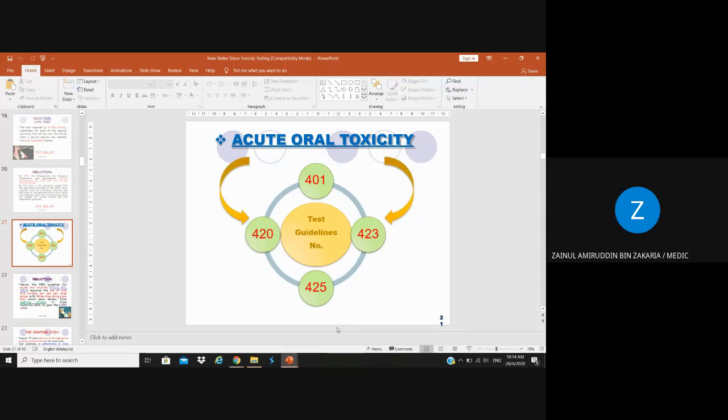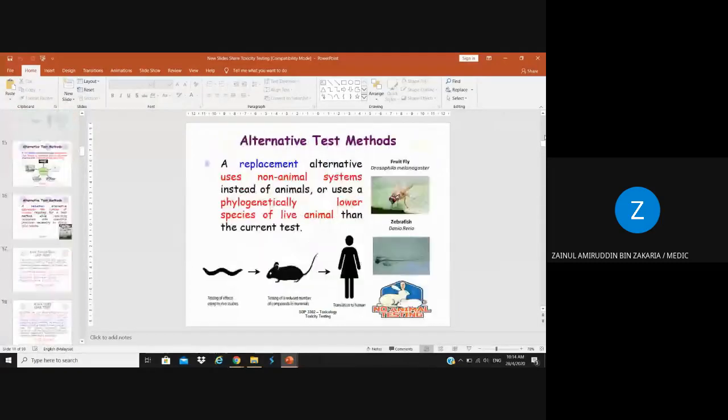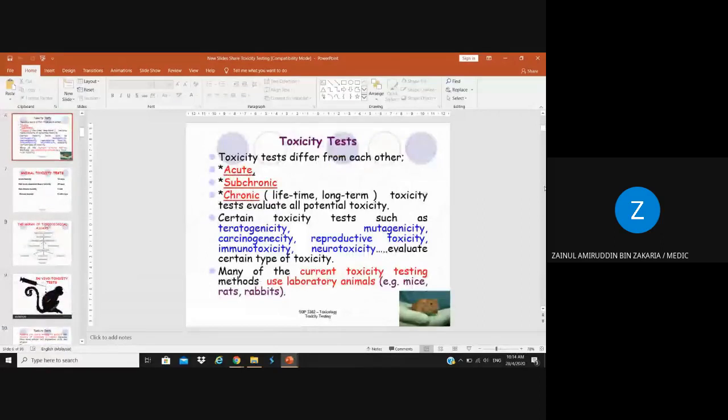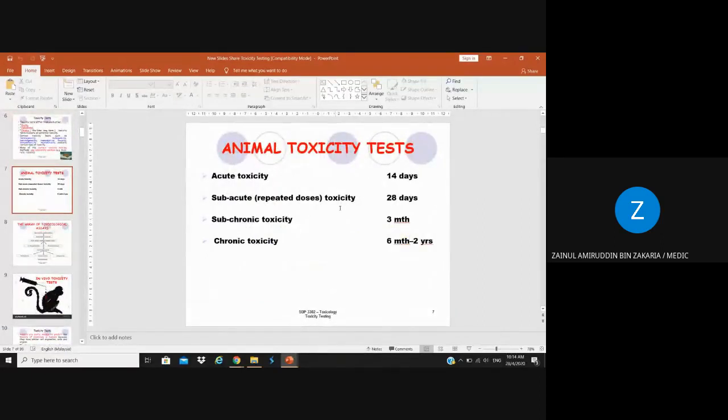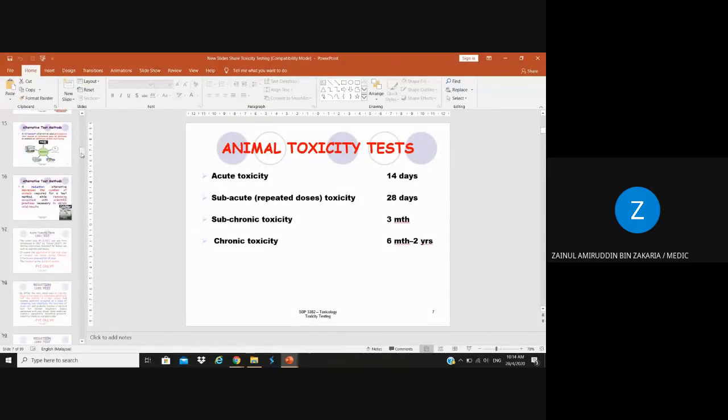The rest depends on the time. The acute toxicity testing is carried out for 14 days, right? This one 14 days, 28 and so on. By knowing what acute toxicity testing is, you will know already what is subchronic, what is subacute.